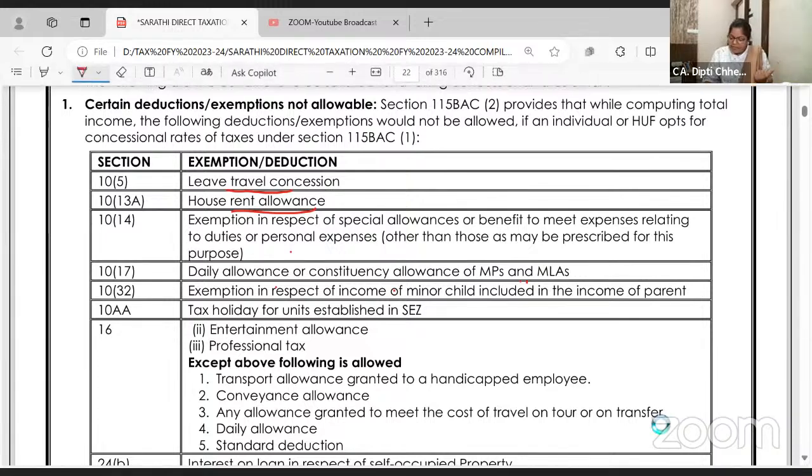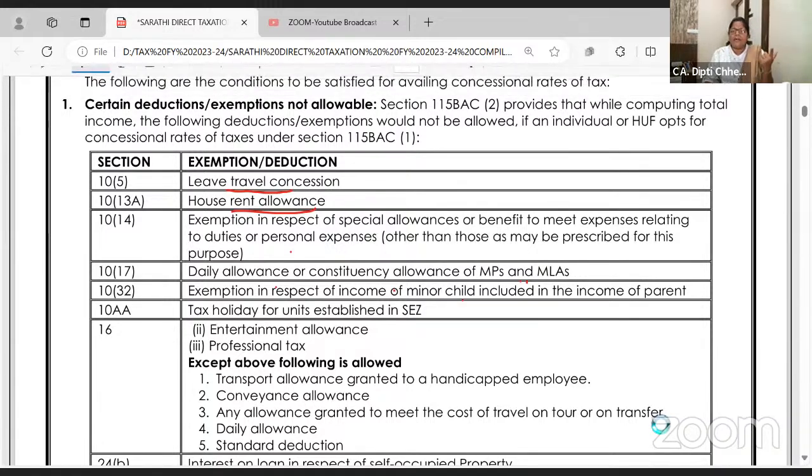For every minor child, 1500 per child exemption is given in the normal regime. Tax holiday for units in SEZ: you will not get section 10AA SEZ exemption. Remember total turnover, total profit, export turnover? You will get it in the normal regime, not in the default regime.